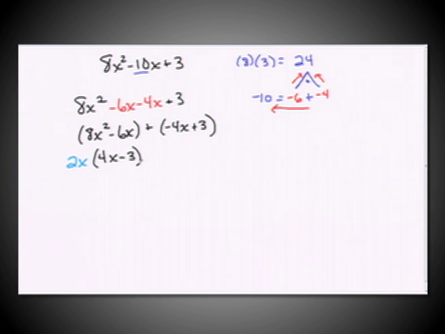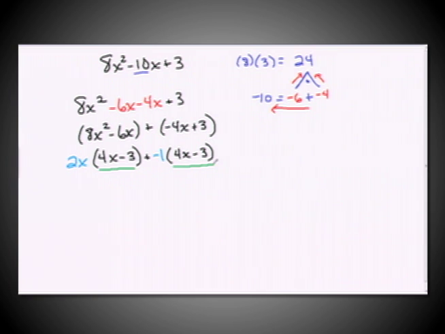But we need to factor out that negative 1. So in this case, I'm going to factor out a negative 1, which changes the sign of both of the terms on the inside. So now you can see that we have that common binomial factor in both of the terms.